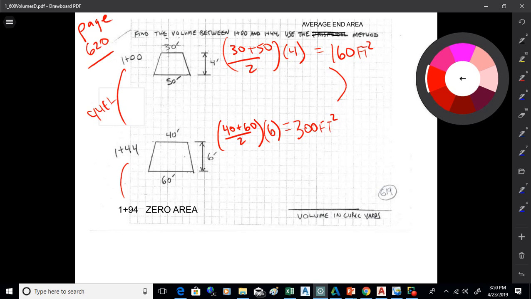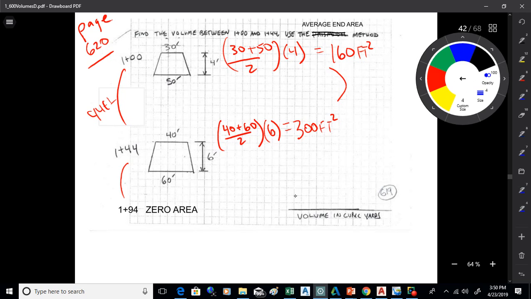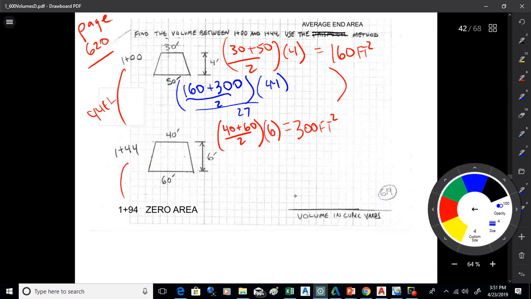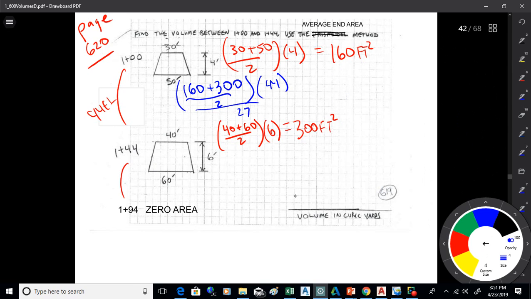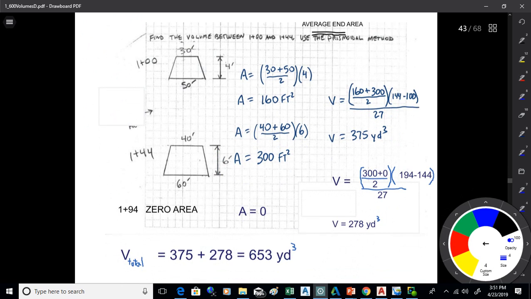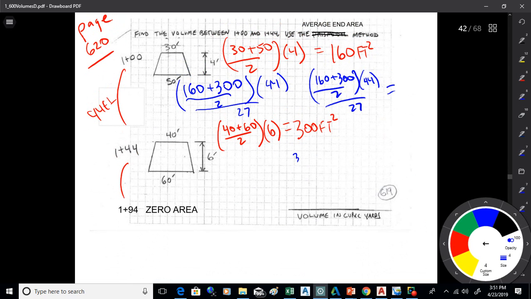So we've got 160 and 300. These are in yards.